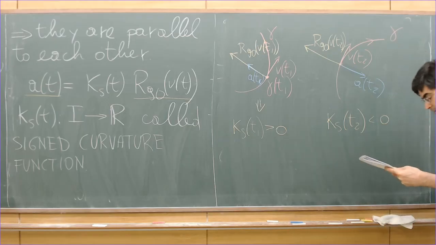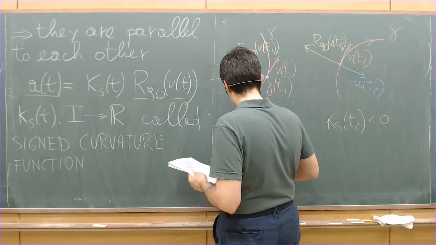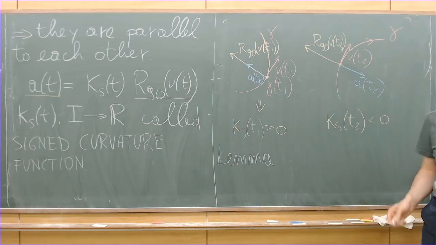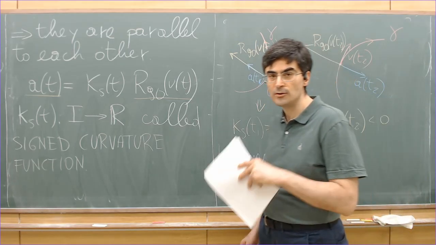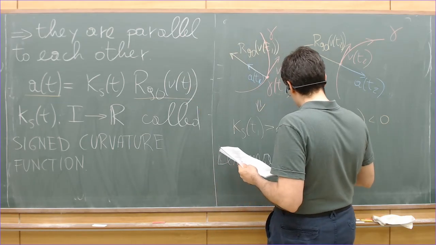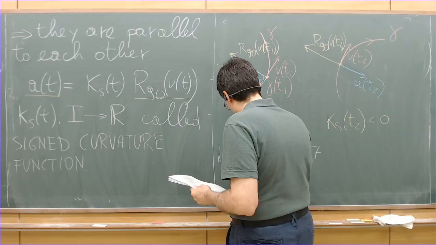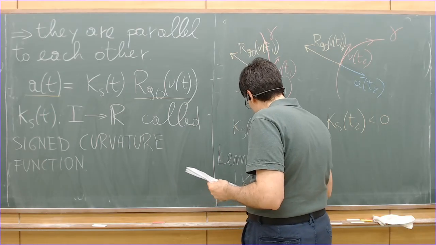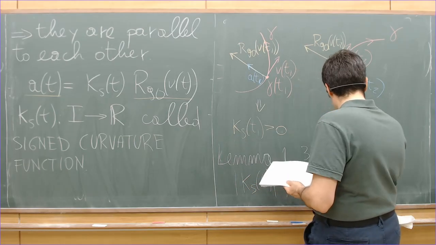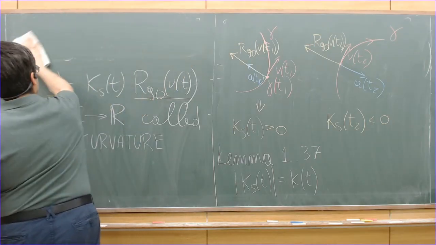Okay, so the first lemma I want to show shows the connection existing between the sign curvature and the curvature. So lemma 1.37, we have that the absolute value of ks(t) coincides with the curvature k(t). Let's prove it, it's very easy.